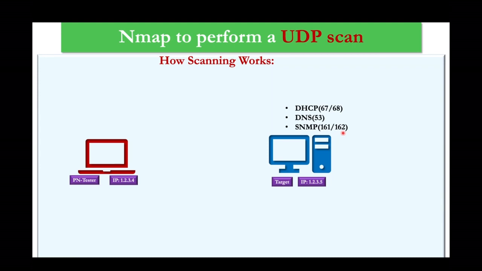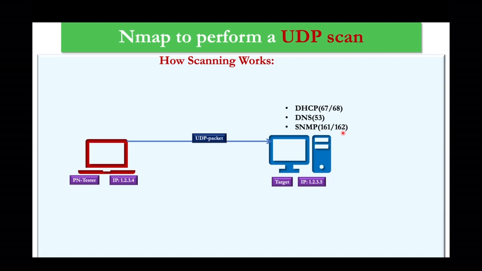So how does this UDP scan work? It works by sending a UDP packet to every target port, from port number 1 to 65,535, or by default it sends to the most common ports.